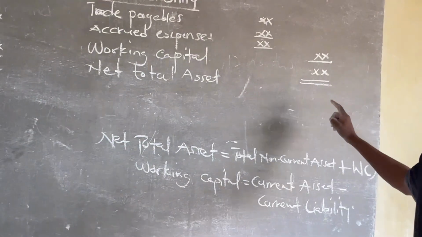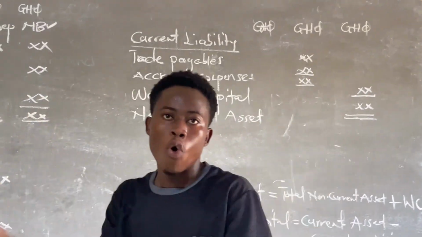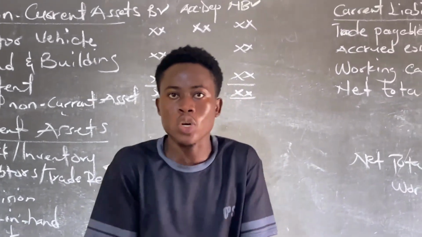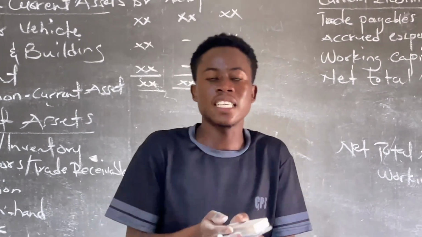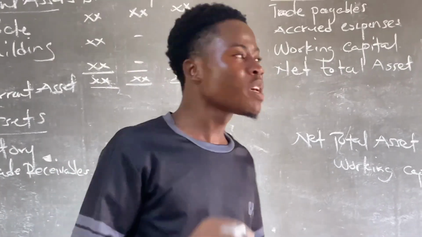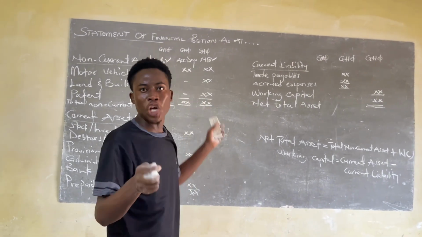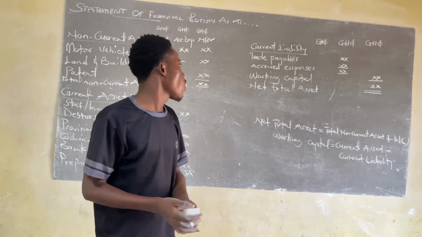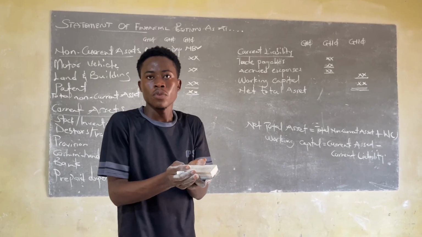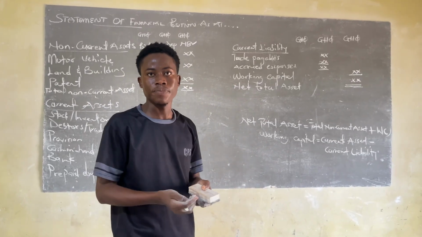This then becomes your total of the actual, at the end of the accounting year, your total asset or resource that was left or that is owned by the organization. Viewers, this becomes the first phase of the statement of financial position. So we will end here. For better understanding, let's end here for the first phase of the statement of financial position.